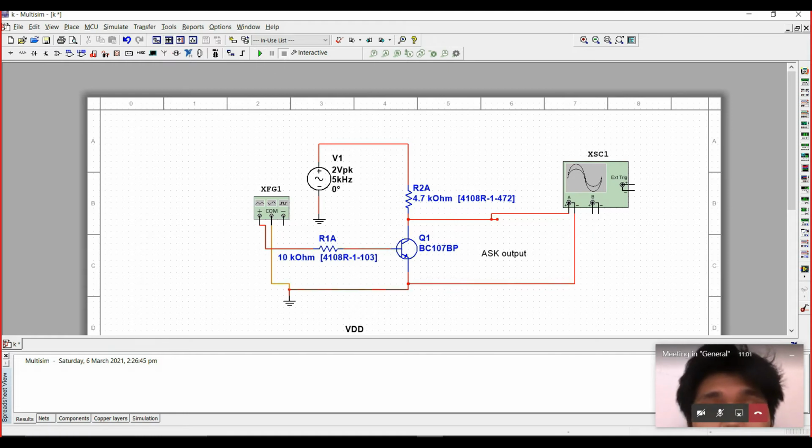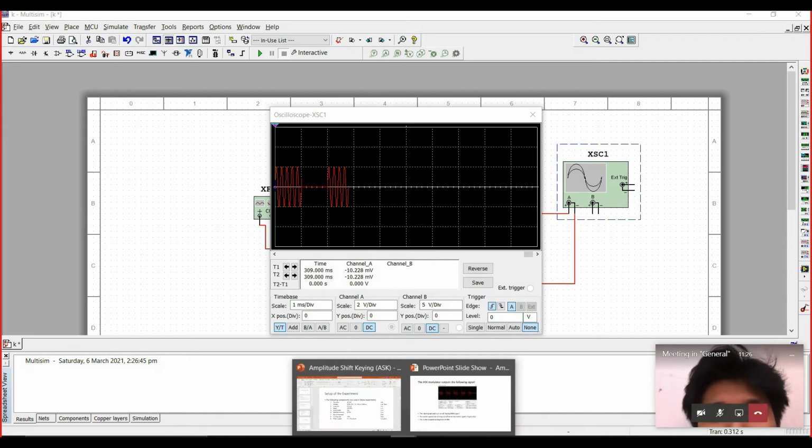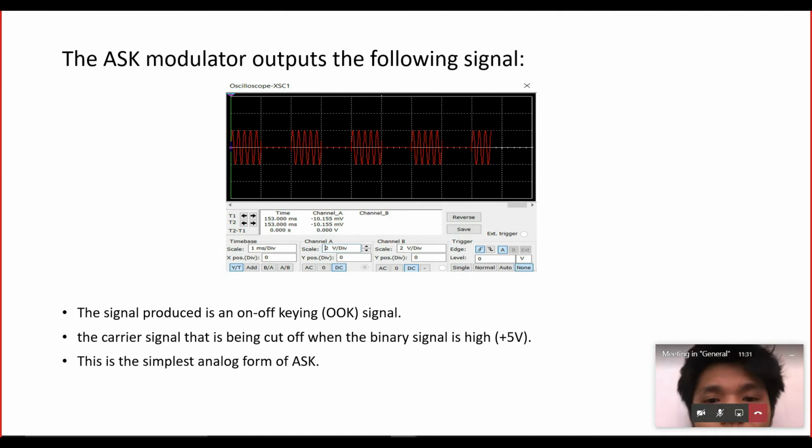Ikokonekta sa collector and emitter, tapos makikita yung signal. Ayan po yung output signal niya. Pag-ibalik po sa PowerPoint. So ayun po yung output carrier signal po niya.